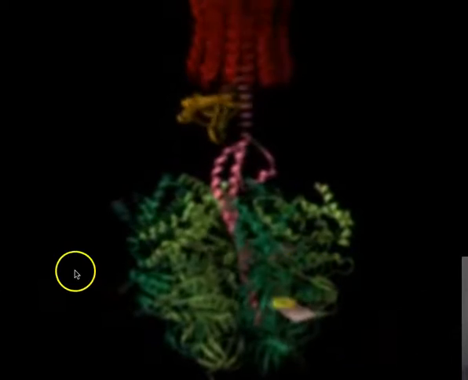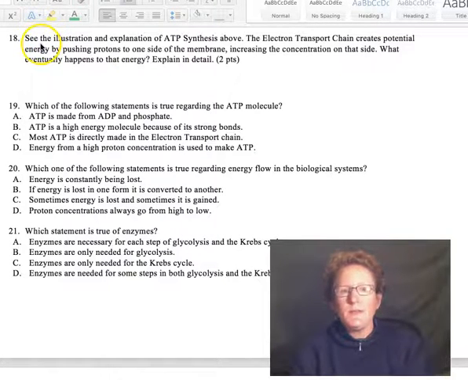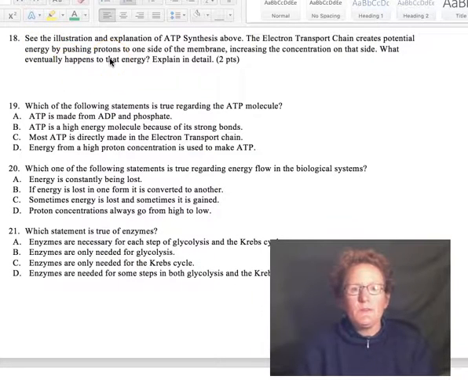The final goal of this whole shebang, the whole cellular respiration. The animation we just saw is going to help you answer question 18, what eventually happens to the potential energy created by pushing protons or H+ ions to one side of the membrane.